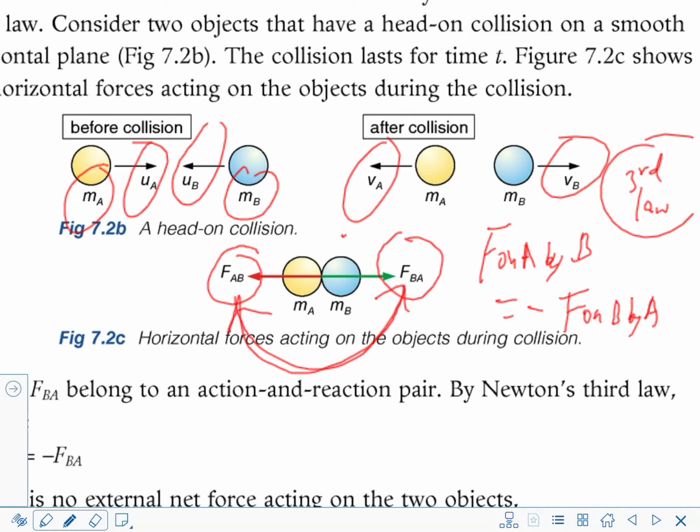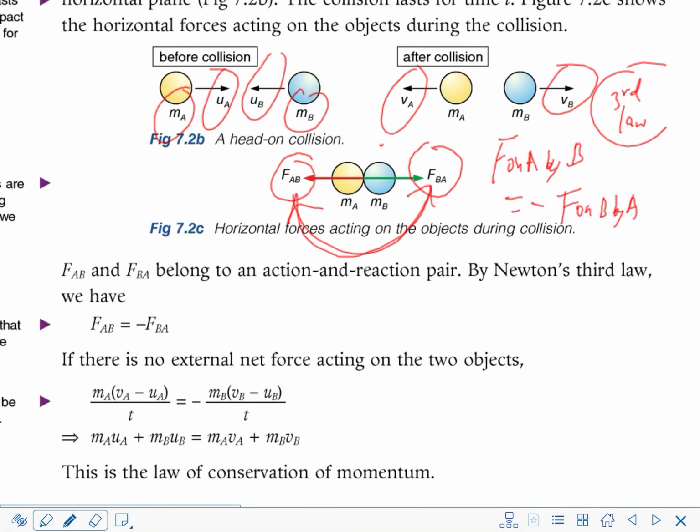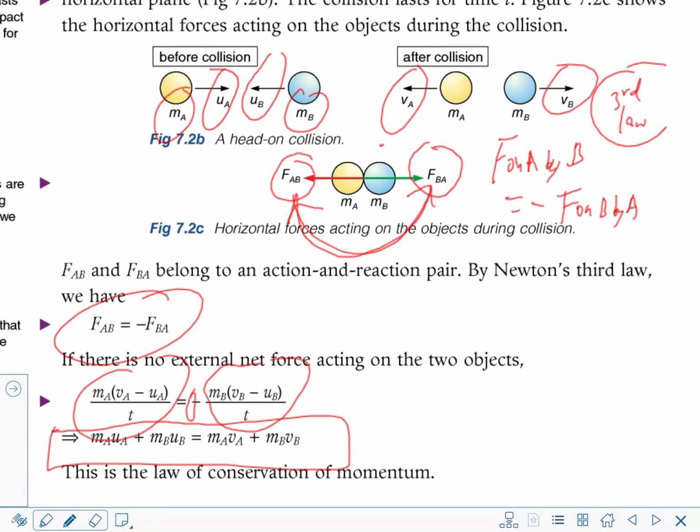Actually, we use the third law to derive the law of conservation of momentum. So we get here F on A by B equals minus F on B by A. By substitution, with rate of change of momentum, (MAVA minus MAUA) over t equals minus (MBVB minus MBUB) over t.